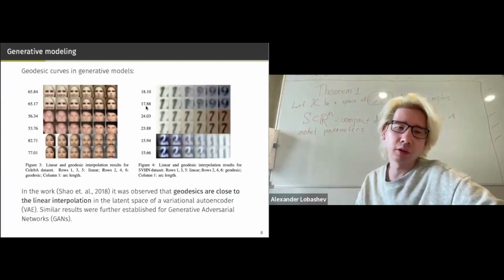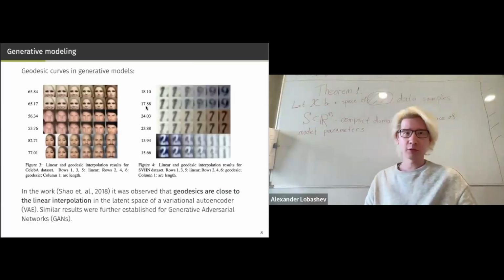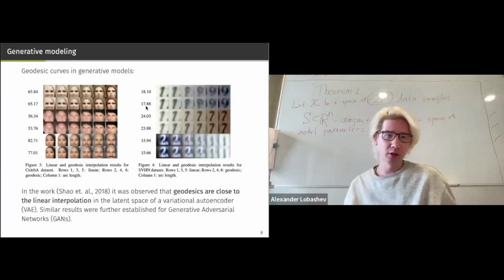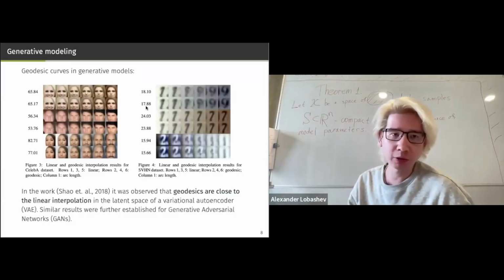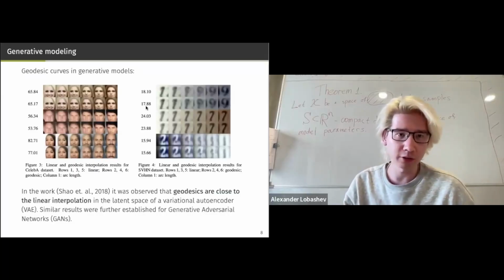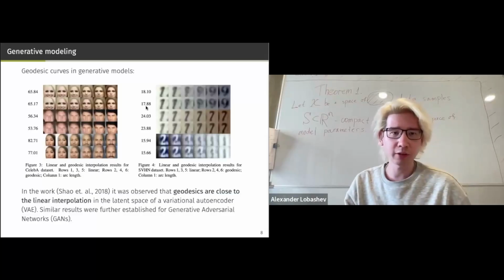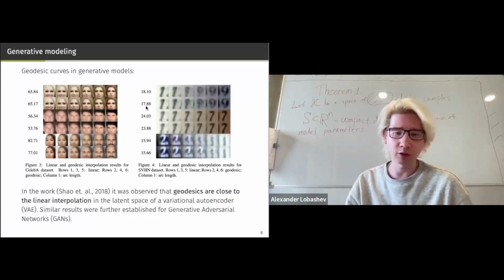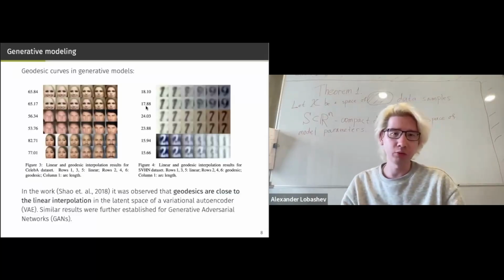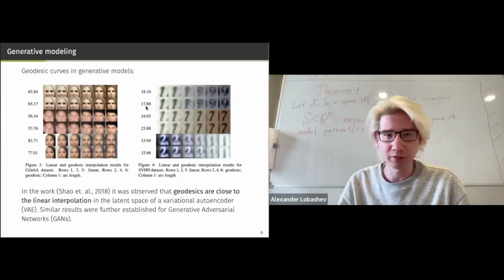What is mode collapse? The problem is that if we have some data set, for example, of human faces, and we train a generator to generate these images of faces, after training, we will have samples of good quality. If we look at them by eye, we see that these images are good.